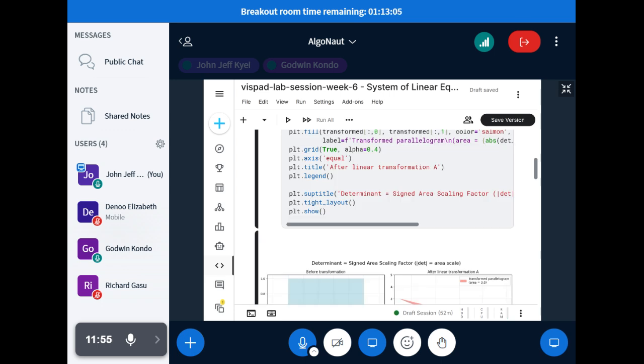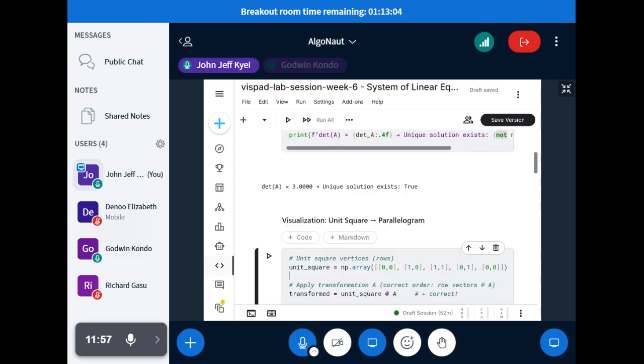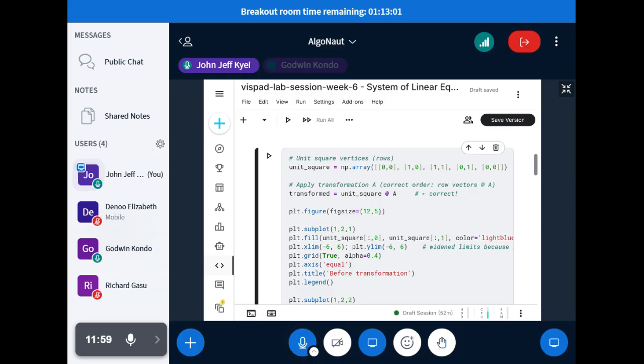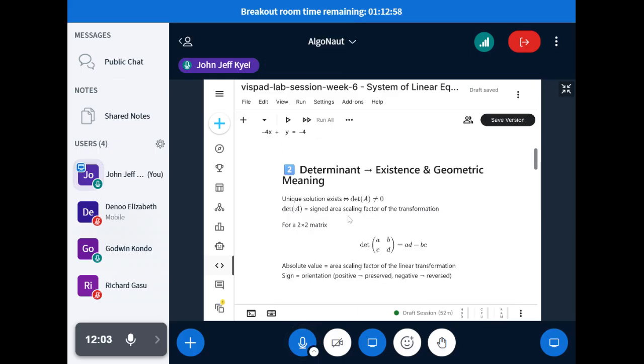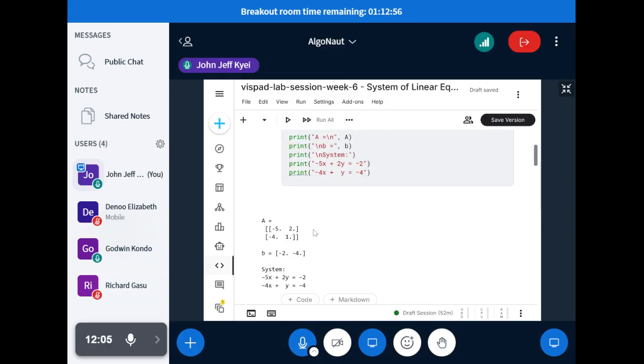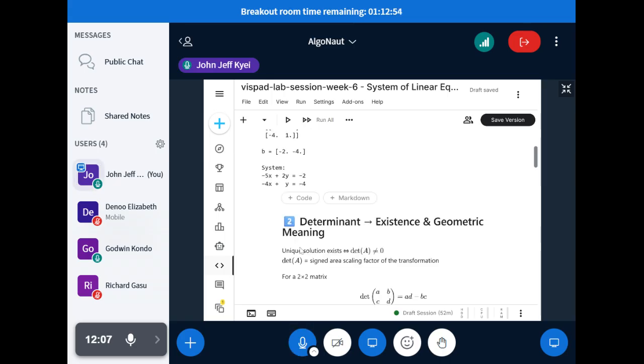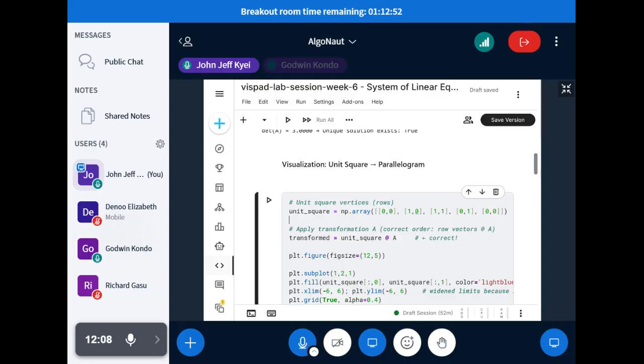Okay, so here we use the matrix A, right? And matrix A is what we are working with, which is [[-5, 2], [-4, 1]]. As you can see over here, we just apply the matrix multiplication of the unit square with all these points times the matrix, right?